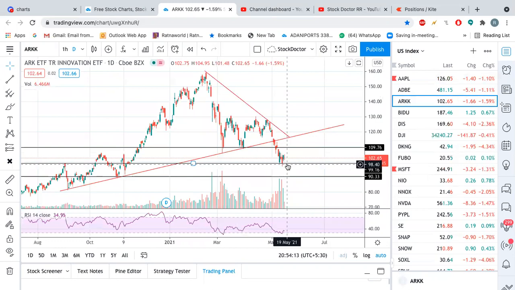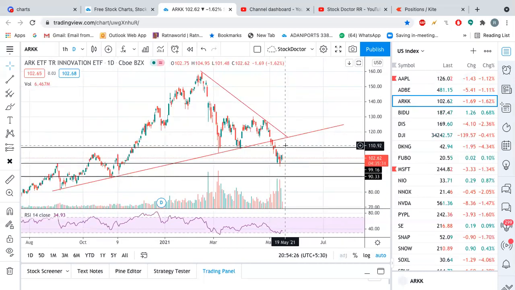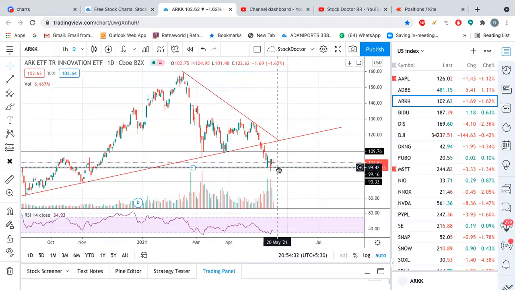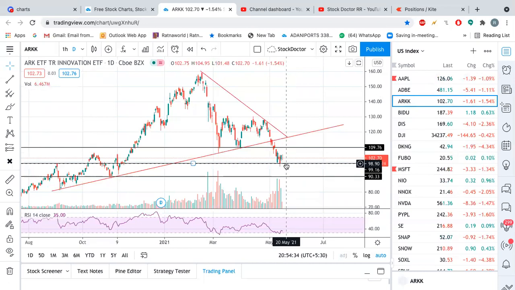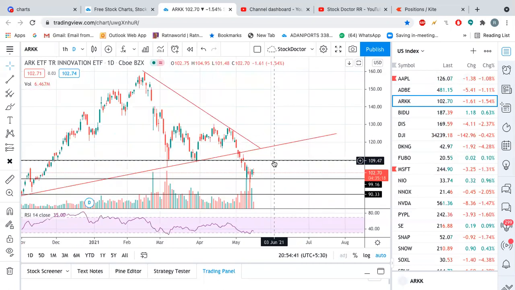And now we can see the horizontal support at $99 and the second horizontal support at $91. Somebody wanted me to analyze this stock, and I don't know the fundamentals of it. So I analyzed it and it looks like it is at the support of 99, near the support range, and it has resistance at 109.